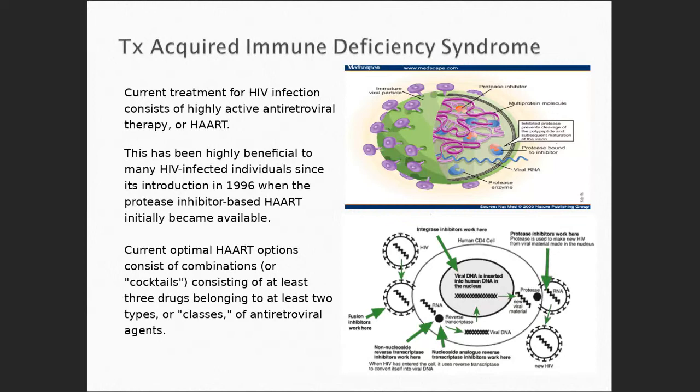So you take these three drugs in combination and you can live a normal, healthy life for a long period of time. But the current understanding is that at some point the cocktail just doesn't work anymore for whatever reason, right?